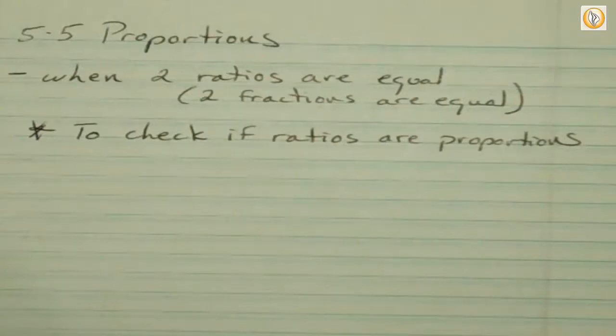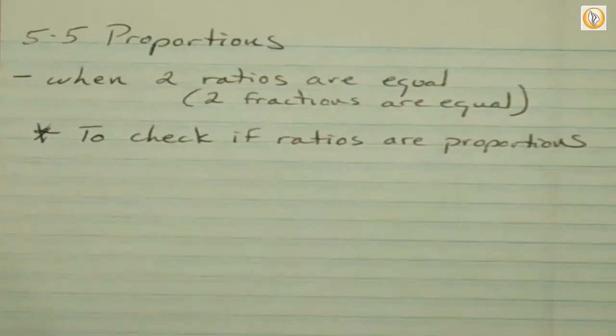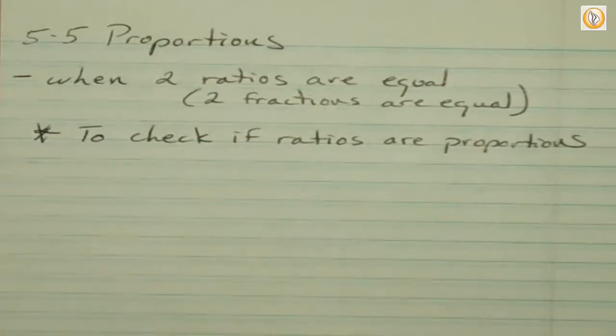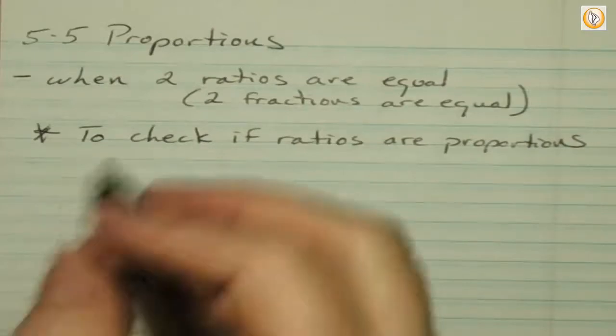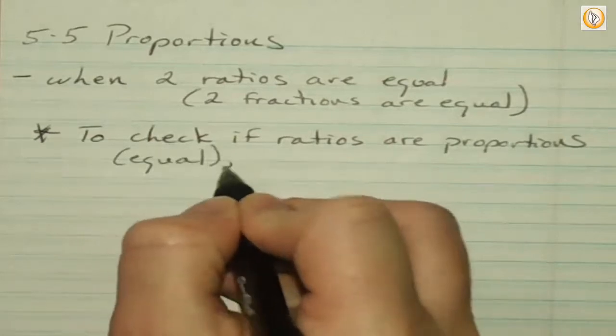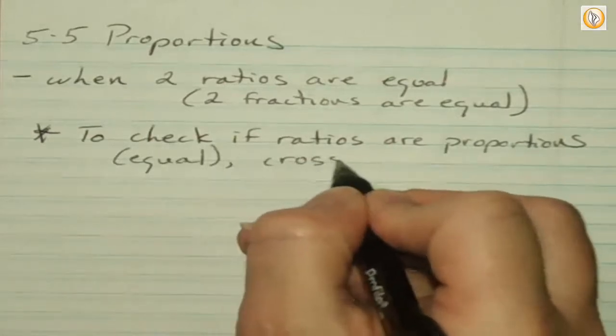There we go, that's better. Okay. If I say something's proportional, what am I saying? It is equal. We're going to cross multiply.